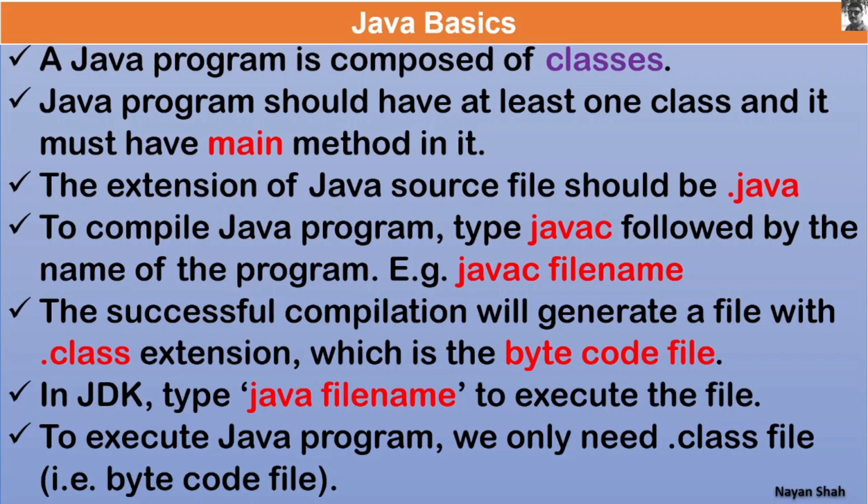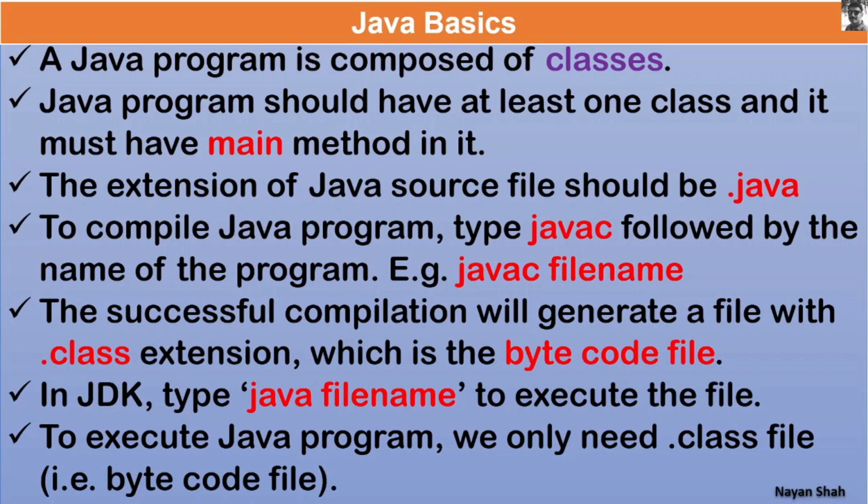In the JDK, that is Java Development Kit, type java followed by the file name to execute the file. So to compile a file, you write javac followed by the file name, and to run or execute the file, you write java followed by the file name. To execute a Java program, we only need the .class file, that is the bytecode file.